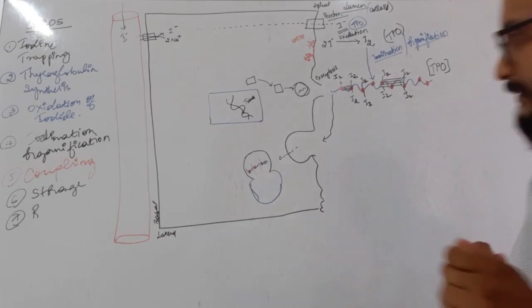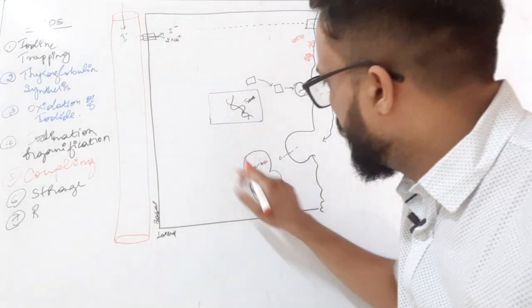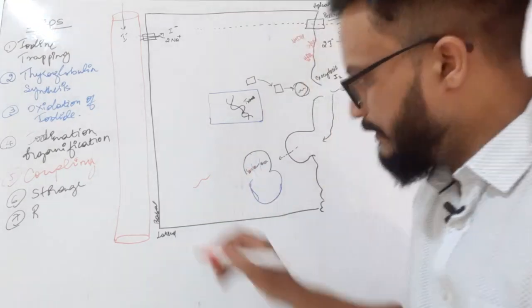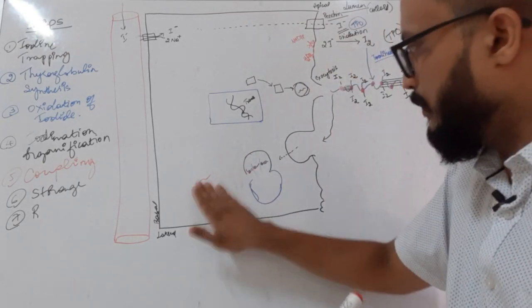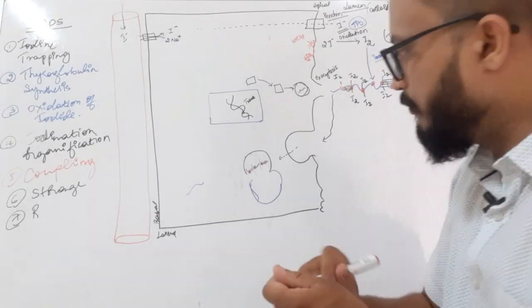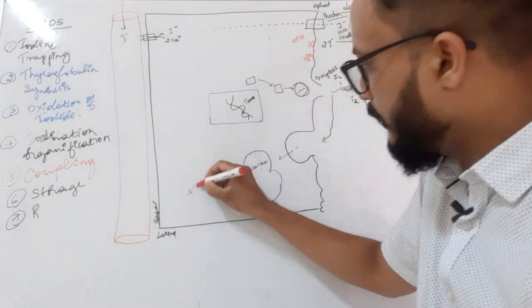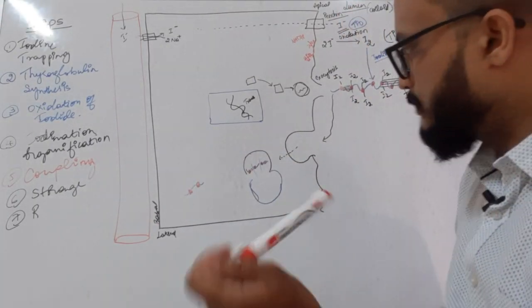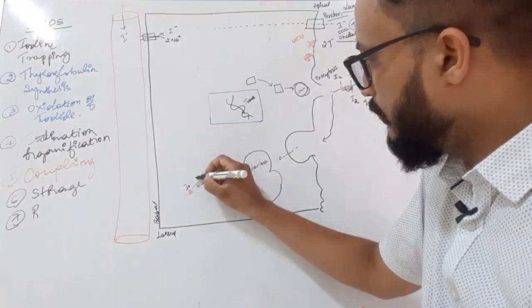Whenever it is cut, we get T3, shown in blue, a thyroglobulin chain consisting of tyrosine residue attached with iodine.